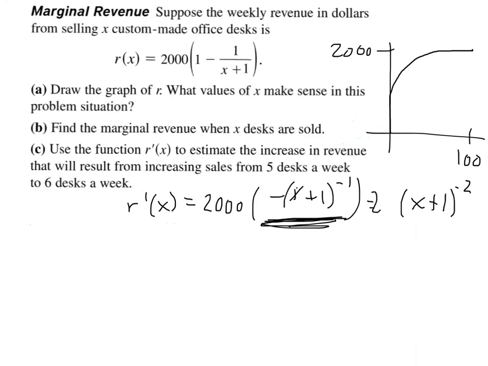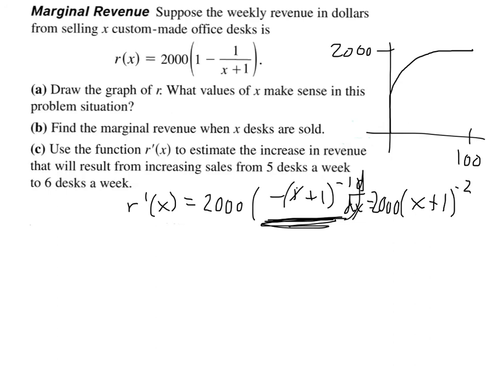Now I can stick that 2,000 back in front here. So that would be, if we did d/dx to that parentheses there. Okay, so taking that derivative, that gives us that.